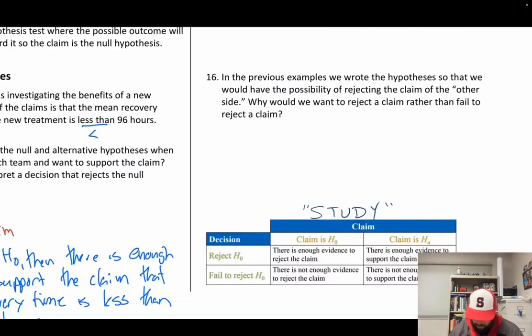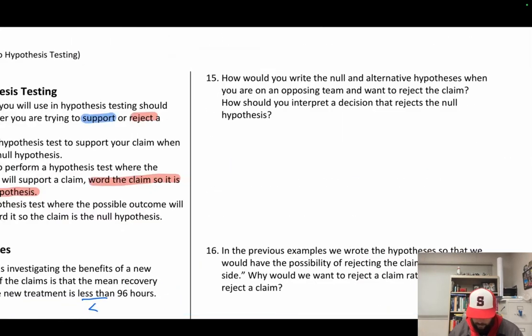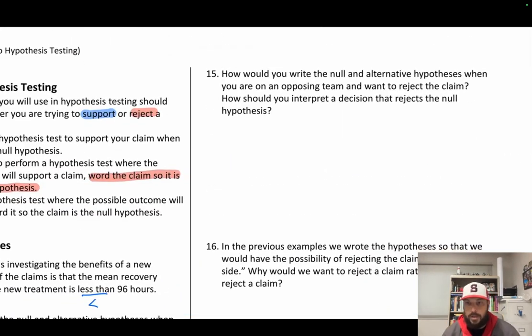All right, let's look at one more. How would you write the null and alternative hypothesis when you're on an opposing team and want to reject the claim? How should you interpret a decision that rejects the null hypothesis? So this time, we still have our H0: p is going to be less than or equal to 96.